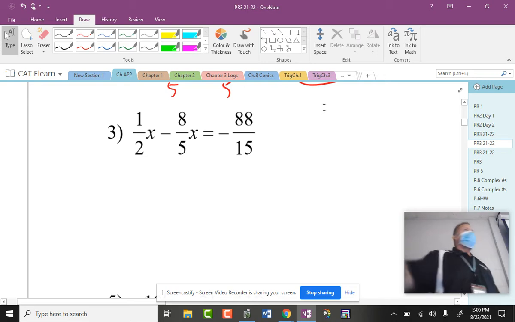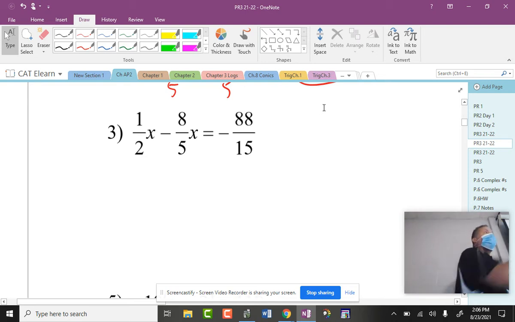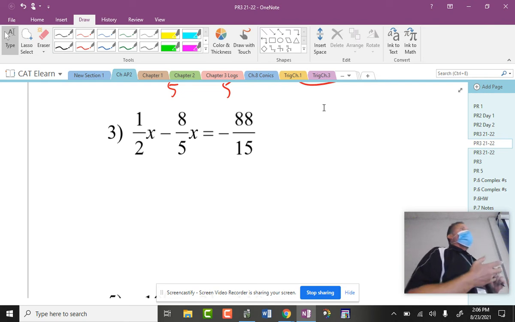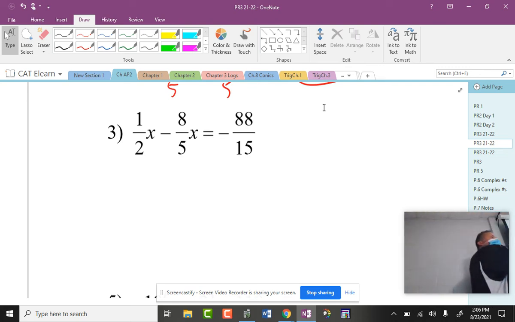Okay, hey, whenever you have fractional equations, by the way, whatever I do to one side is fine as long as you do it to the other. Okay, what is the least common denominator between 2, 5, and 15? Ooh, you're doing greatest common factor. I need least common multiple, meaning what do all these numbers go into evenly?